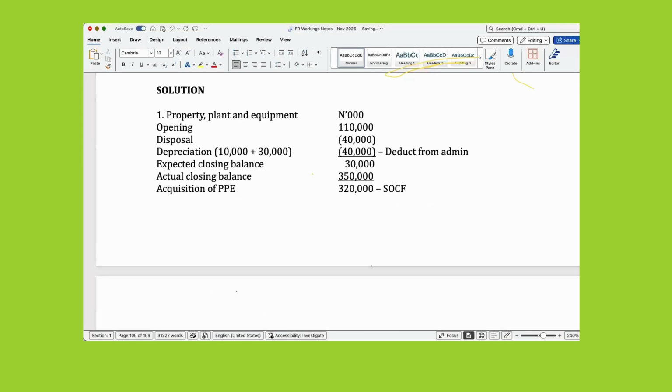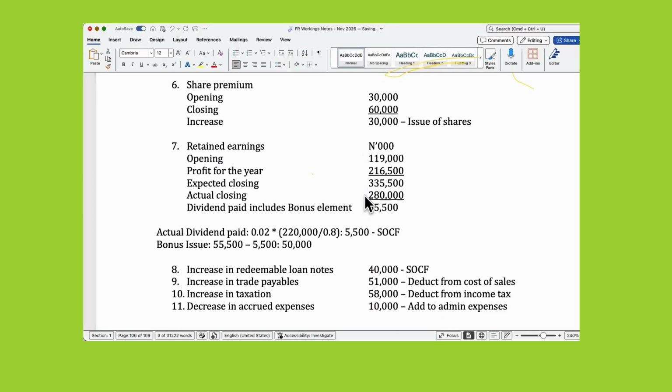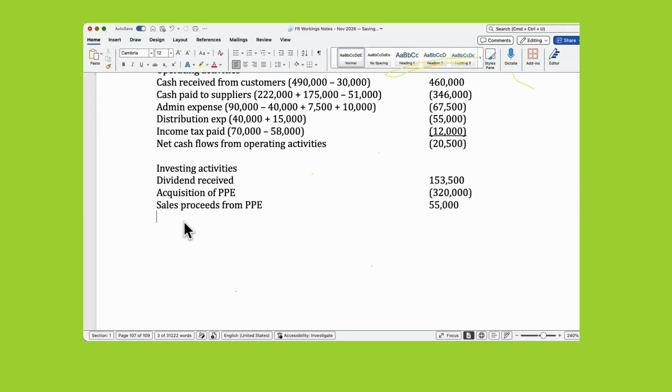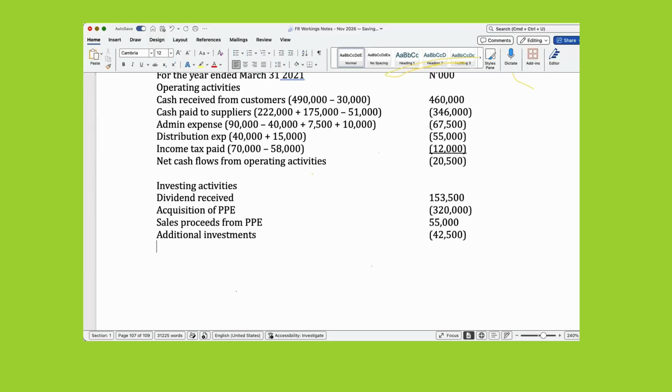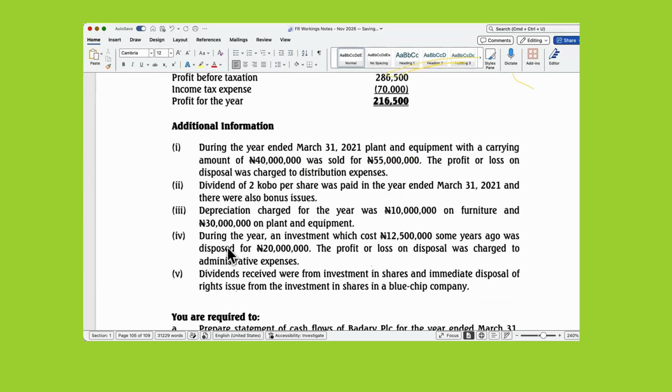Then the next item, which is investment, I already did the workings. I know there was an additional investment of 42,500, which is going to be an outflow. And I know that there were sales proceeds from these investments in the notes, as they told us that they sold an investment.